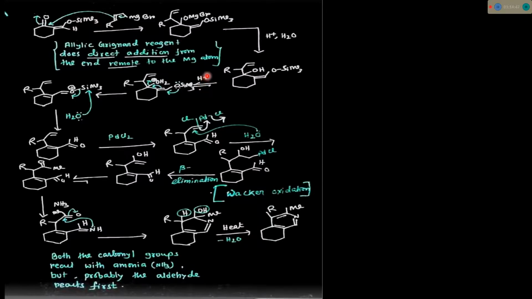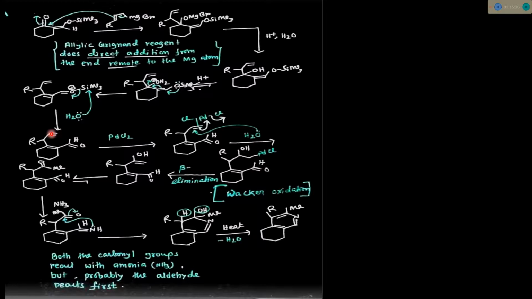Then in the presence of H plus and water, this OH is protonated, obviously this O-Si bond breaks, and in this way OH2 also leaves. So here we will get this oxonium with plus charge on the oxygen atom. Now water will attack this SiMe3, this bond breaks, and we will get this aldehyde with the double bond.